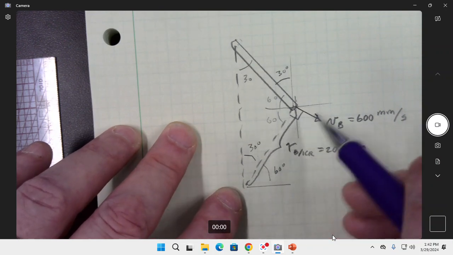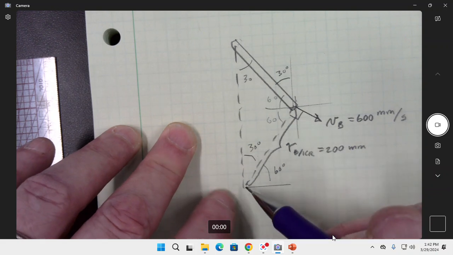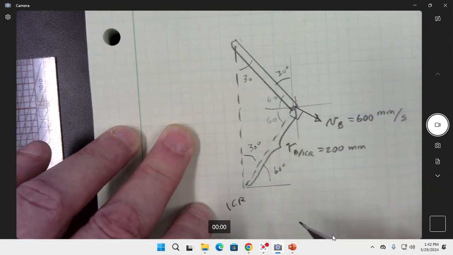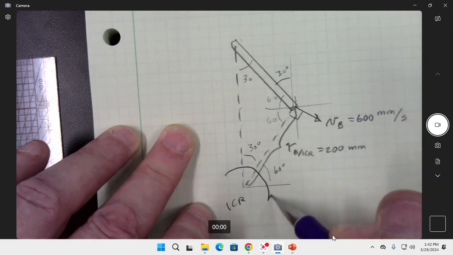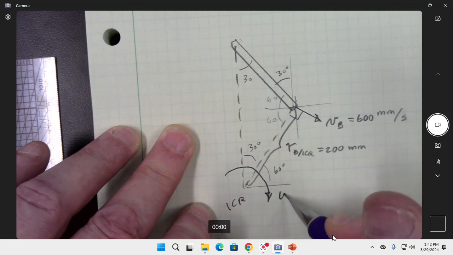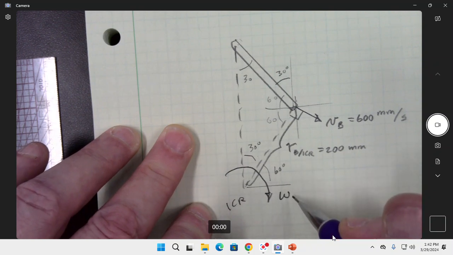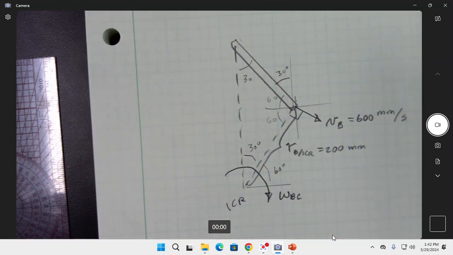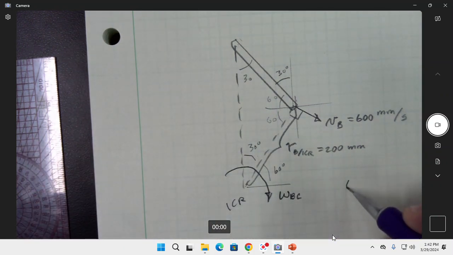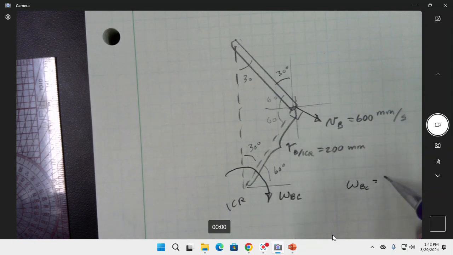And then also, right away, we can see that if this is the ICR, this is rotating about this way right here. That would be your omega BC. And then omega BC is going to be equal to VB over RB with respect to ICR.